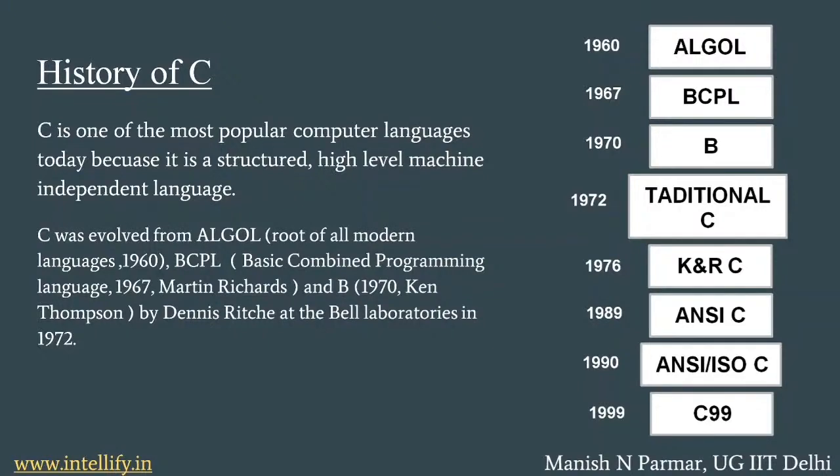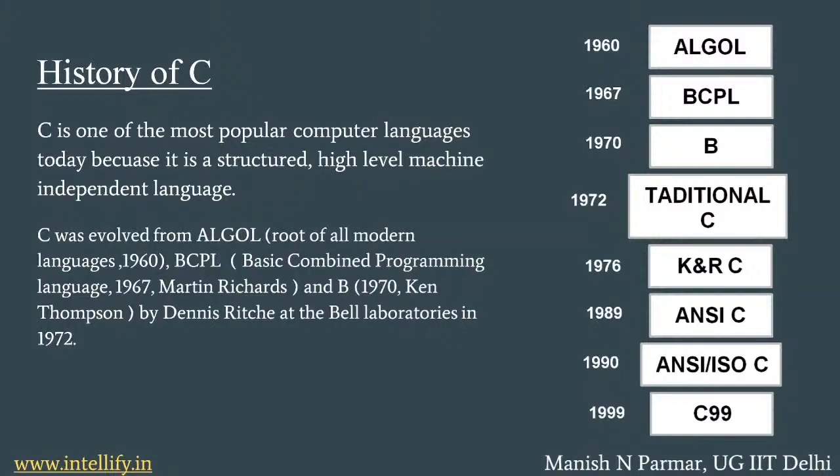So this is the introduction of the early languages. By combining the formulas, languages and structures of these three languages, Algol, BCPL and B, Dennis Ritchie at Bell Laboratory invented C in 1972.